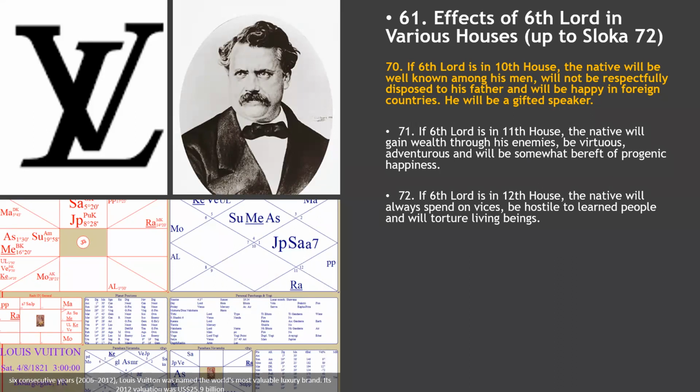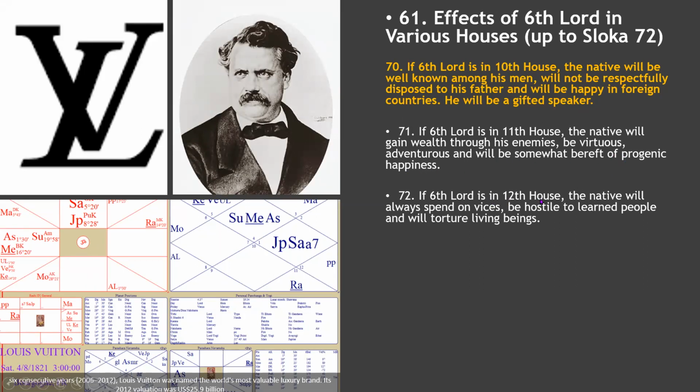So we will have to deal with them. Hence he gains wealth from enemies, is virtuous, adventurous, but has limited progenic happiness, again because it mirrors the 5th house, so it's a problematic house.